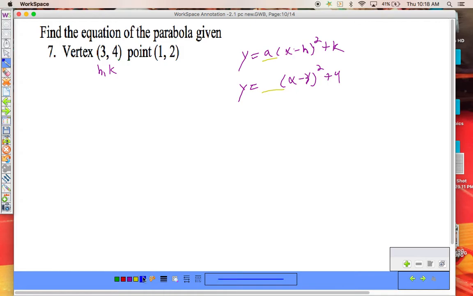All right, but we're given an h and a k and an x and a y. So I'm going to substitute into x, y, h, and k and solve for a. So my y value is 2 equals a parentheses, my x value is 1 minus my h value, quantity squared, plus my k. So I substitute into x, y, h, and k and start doing my math.